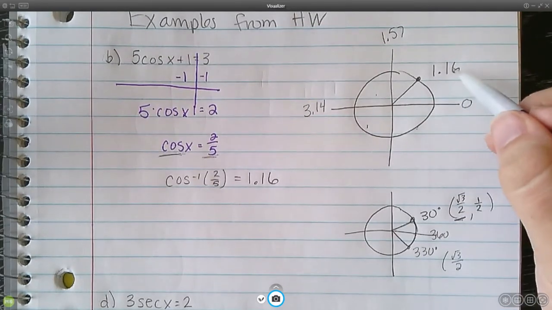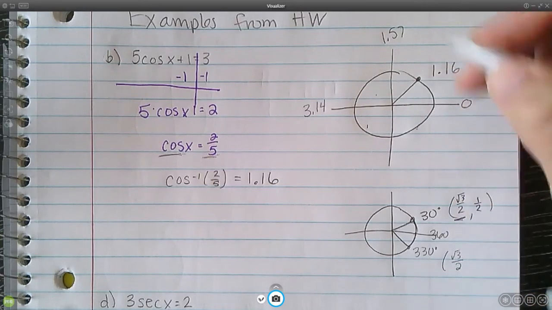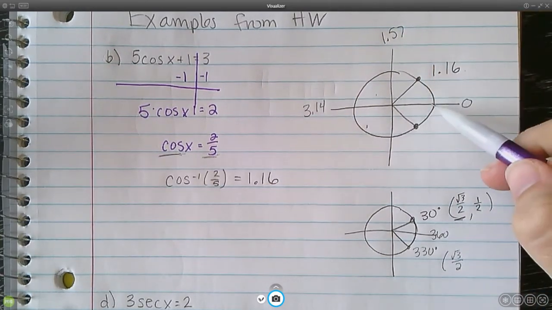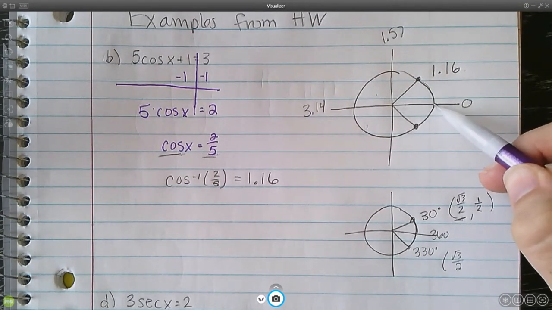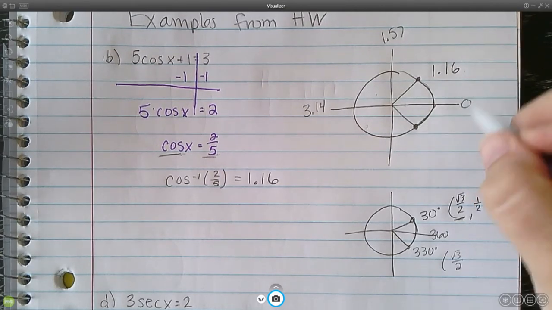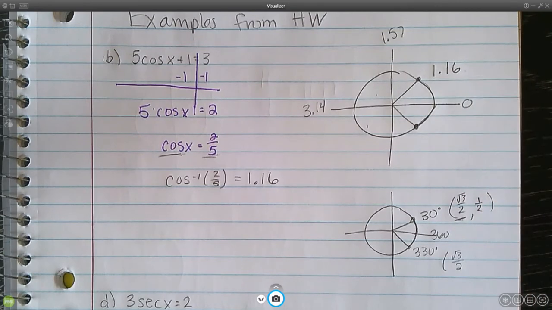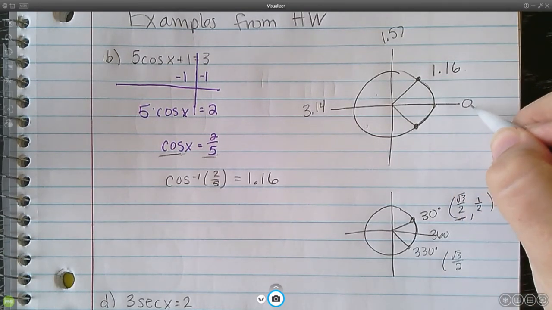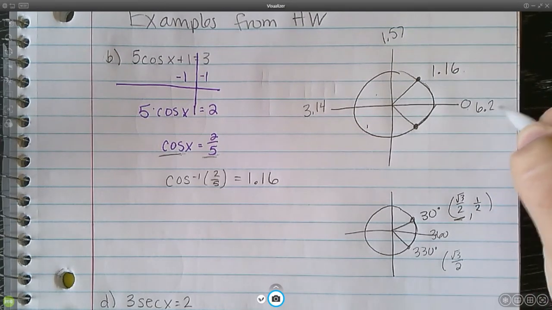If this is at 1.16 radians, we need to take this and reflect it down here. So this angle measure is 1.16 degrees, or not degrees, sorry, 1.16 radians. This right here is at 0 or 2 pi, which is 6.28.